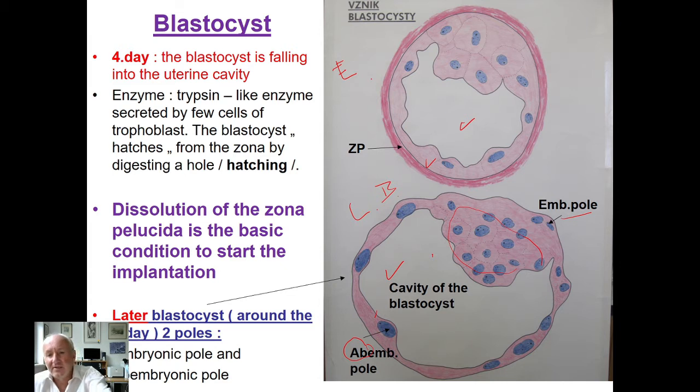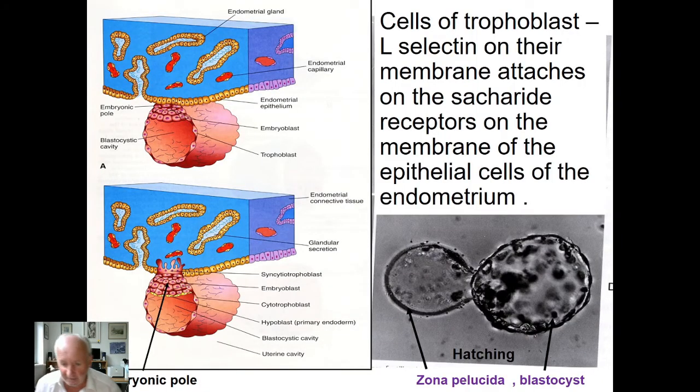How to get rid of zona pellucida? This interesting procedure is called hatching. I will show it on a picture, and here you see it, hatching. You see that this line is zona pellucida, and the blastocyst hatches out from the zona pellucida. This was before an early blastocyst, and now in this moment it's a later blastocyst. Here is the cavity of the blastocyst. You see the embryoblast and the trophoblast cells.